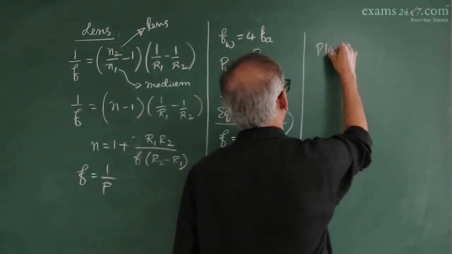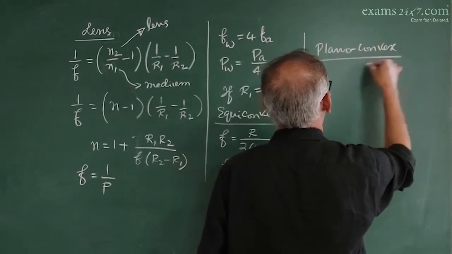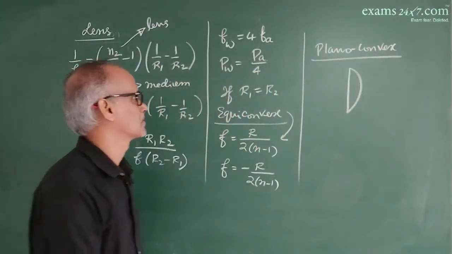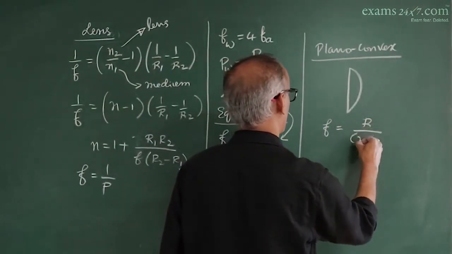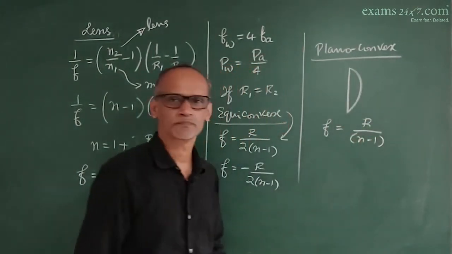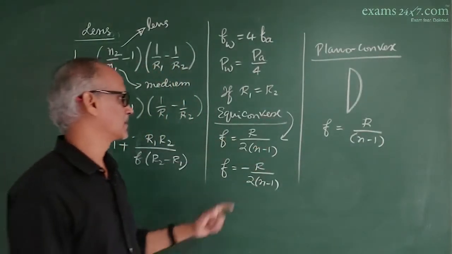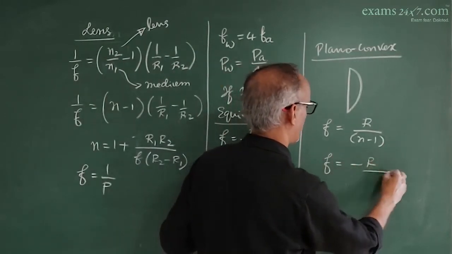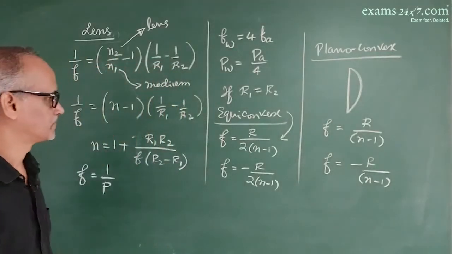For a plano-convex lens, one of the surfaces is plane, the other is convex. Then the focal length is given by r by n minus 1. So here it is r by 2 into n minus 1, there it is r by n minus 1. That's for convex. If it is concave, f is equal to minus r by n minus 1.